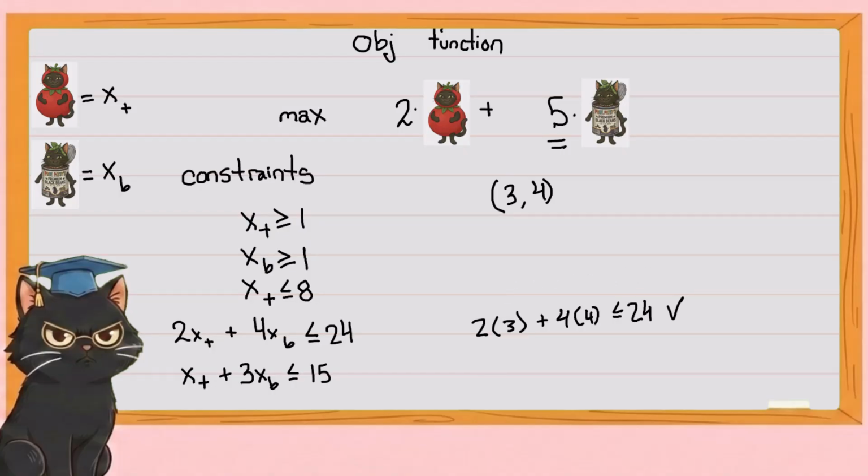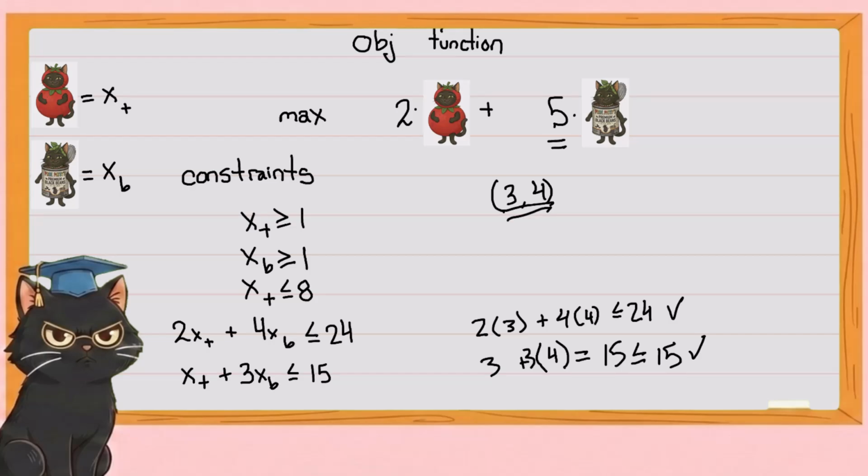So that one's good. This next one will have 3 plus 3 times 4, which is equal to 15, which is less than or equal to 15. So therefore, this one works, and we can use it.